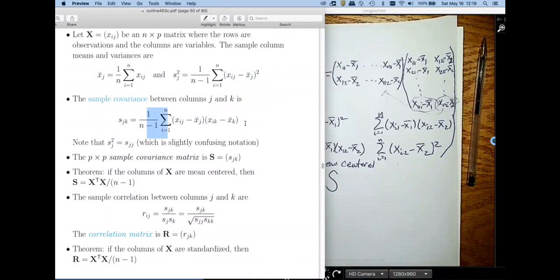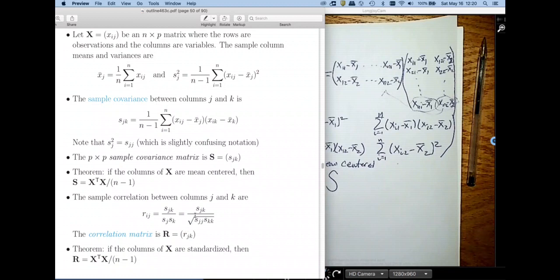So what you need to know is that if you have mean-centered X's, that X transpose X matrix is just the covariance matrix.